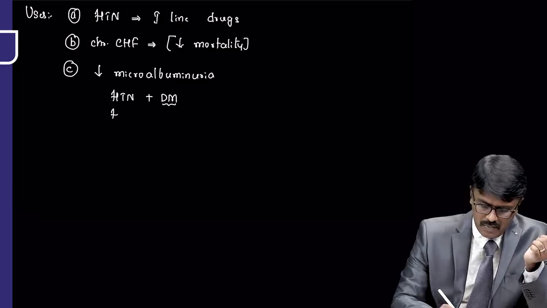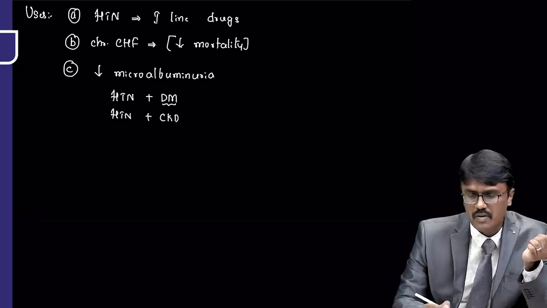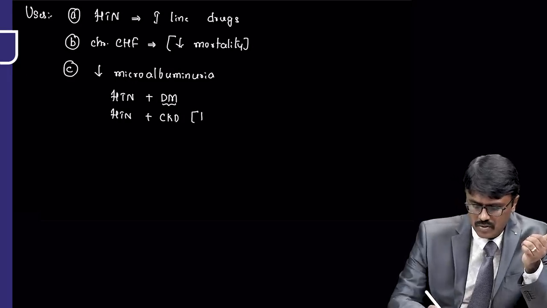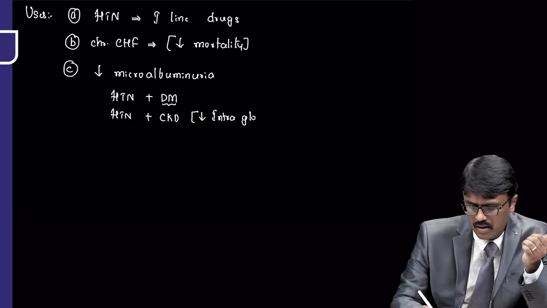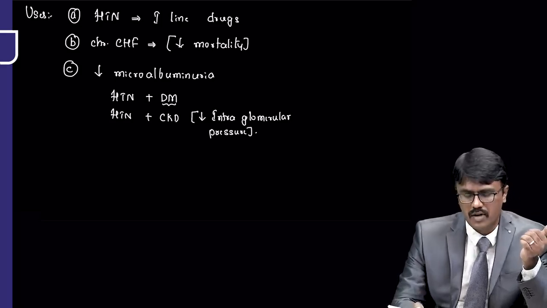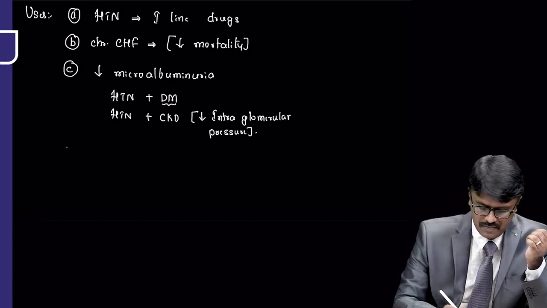It is also preferred in a patient with hypertension with CKD. In CKD also it decreases microalbuminuria. Along with that, it has also been shown to decrease intraglomerular pressure. That is the advantage. So hypertension with diabetes, hypertension with CKD, we can use it.